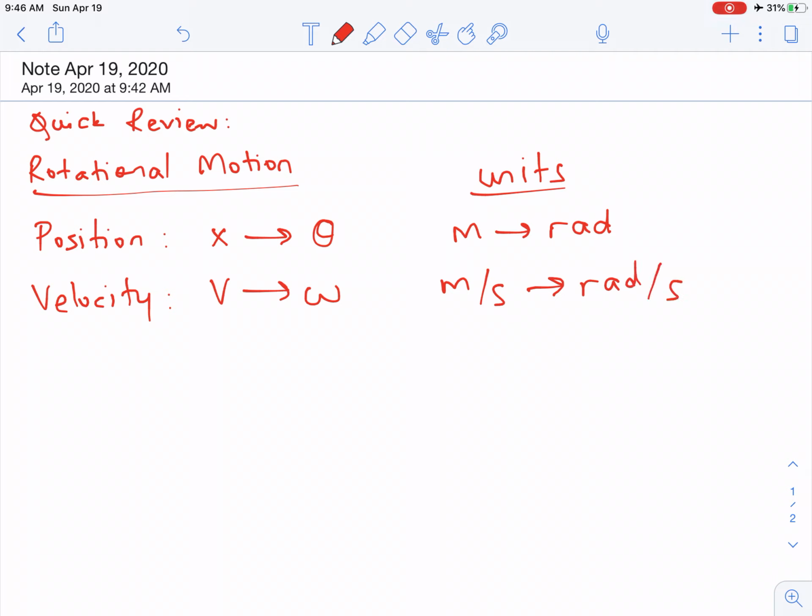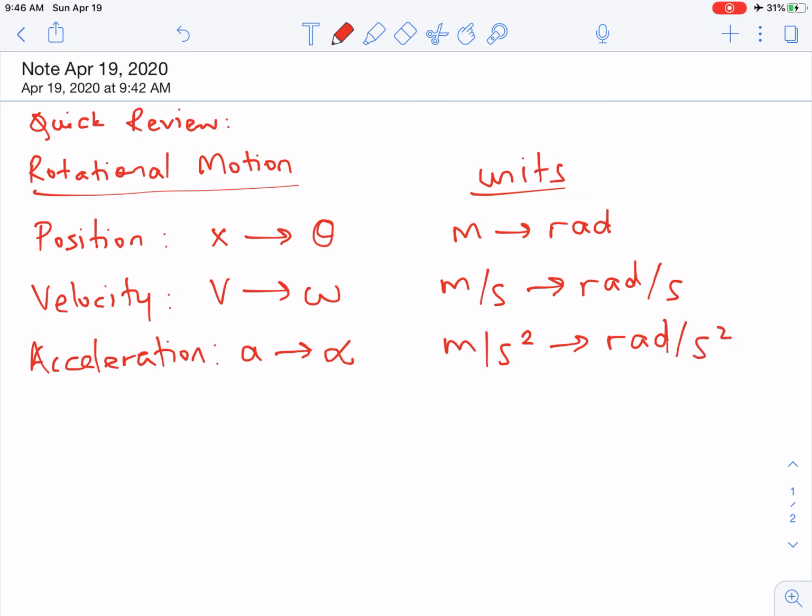And the acceleration was the third motion descriptor. We used a for the linear motion, and we have alpha in the angular motion, angular acceleration. So a was meters per second squared, and alpha is radians per second squared.